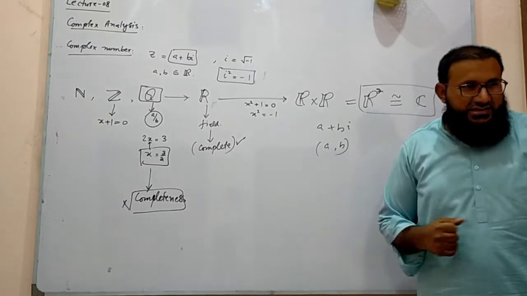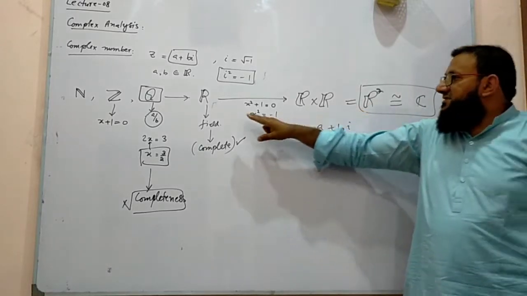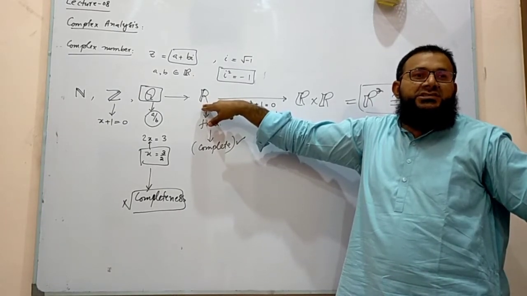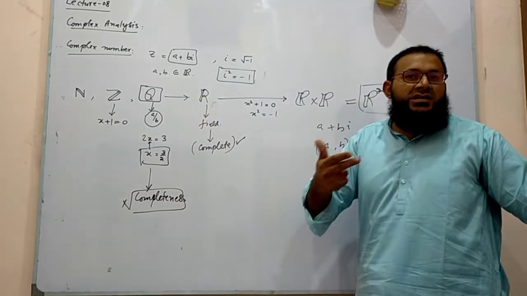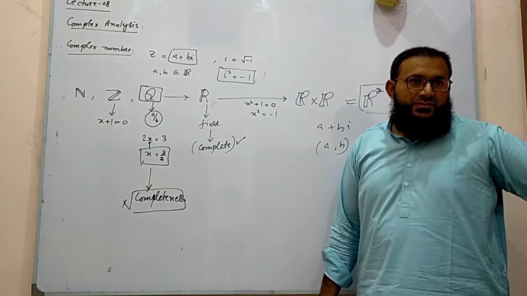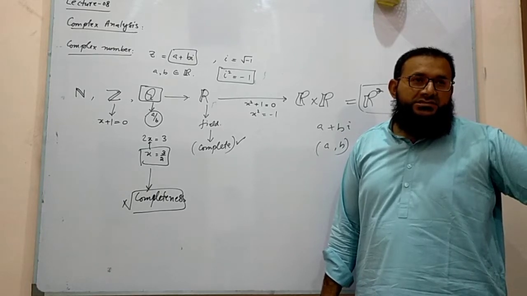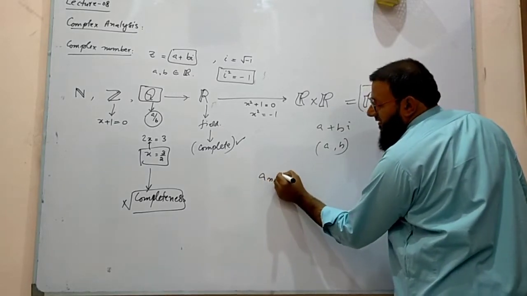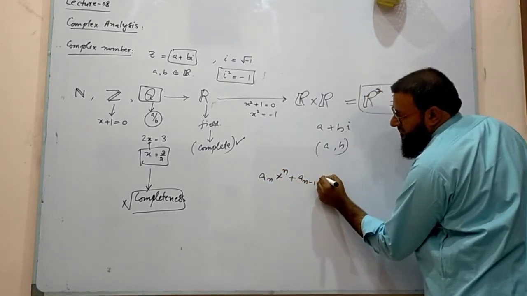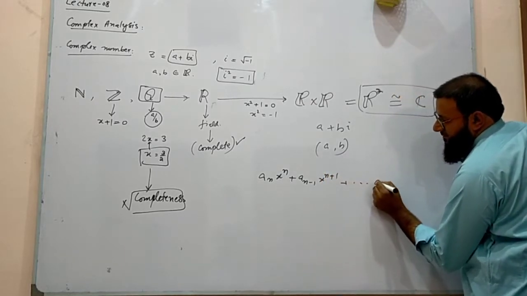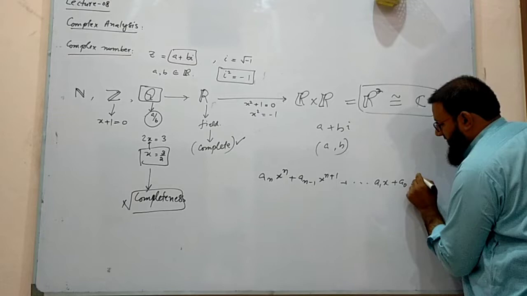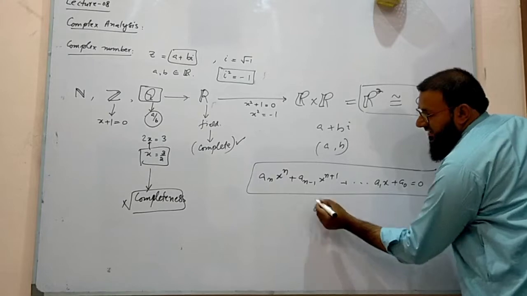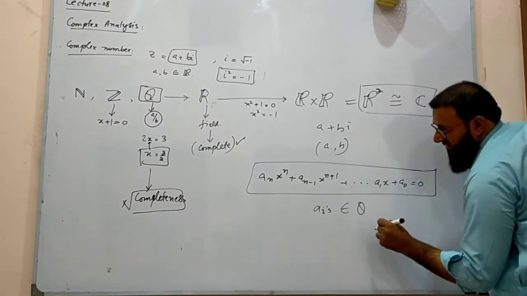Basically, we say that the set of real numbers is complete, but the set of real numbers is not algebraically complete. And what is algebraic completeness? Consider a polynomial equation, a1x plus a0 equals 0, where all the a_i are rationals.